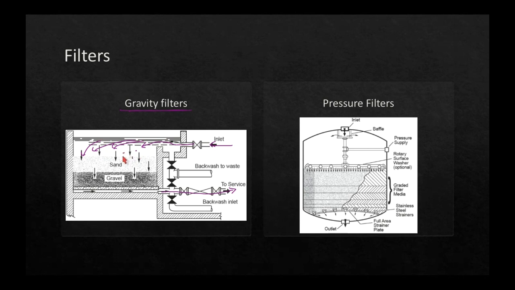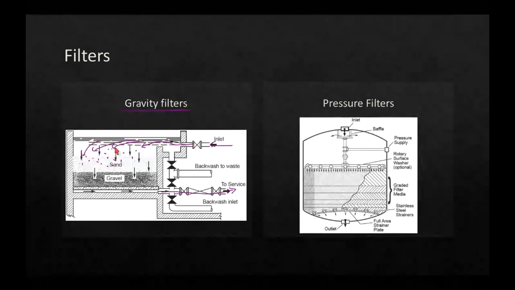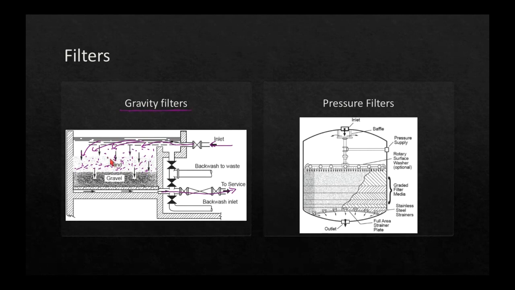Now, I'm just drawing particles of impurities here. At some point the bed gets really packed up with impurities, and we have to get rid of that by doing a backwash.